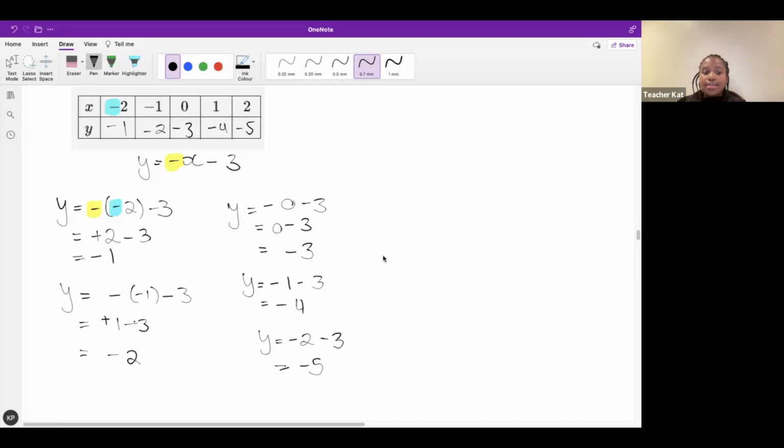What else does my coefficient or gradient tell me? Whoever brought up gradient, you should be able to get this. If I wanted to fill in my table without doing all of these calculations, how else could we have done this? Just using the gradient, filling in my table. Decreasing by negative 1, because if it's just the negative there, that means it is negative 1.